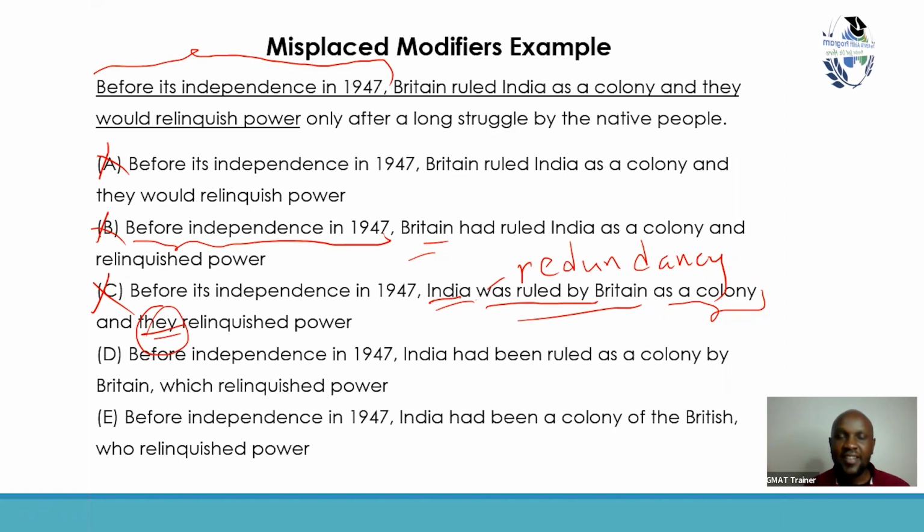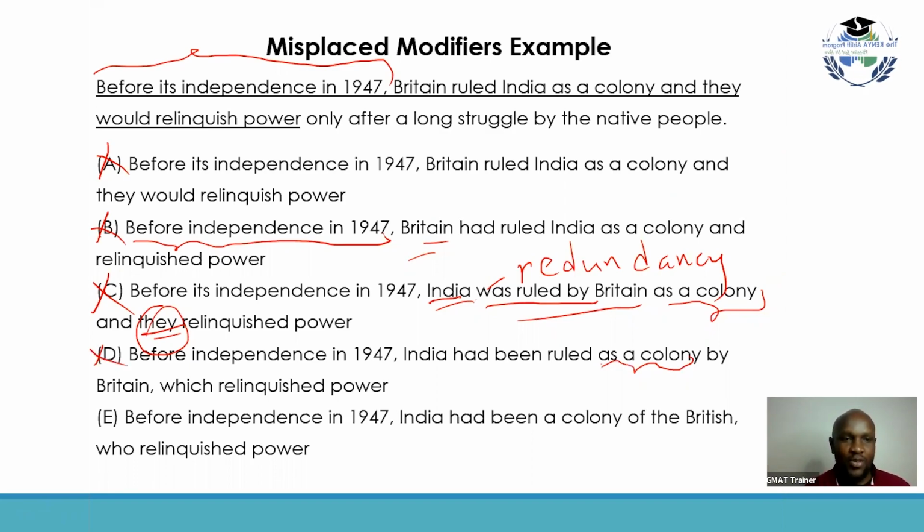Again, there's a problem with redundancy here. India had been ruled as a colony. That's repetitive, right? Essentially, redundancy is repeating meaning in a sentence. If India had been ruled by Britain, then there's no reason to include as a colony, because that would be essentially just repeating yourself. So you can eliminate D on the same principle of redundancy.